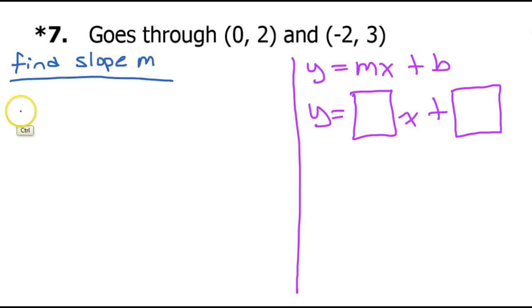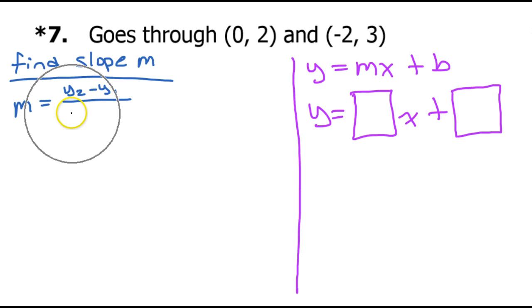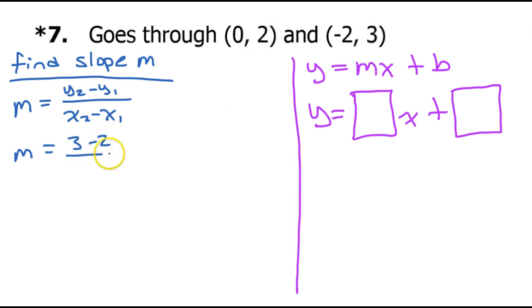How do I find slope m? Well, the slope is y2 minus y1 over x2 minus x1. So basically y minus y over x minus x. In this case, y2 minus y1 would be 3 minus 2. x2 minus x1 is going to be negative 2 minus 0.